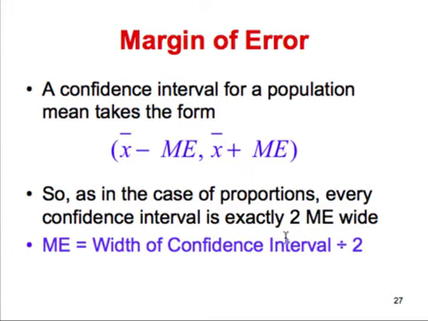So once again, we see that every confidence interval is 2 margins of error wide. So we choose to calculate the width of the interval. We could then calculate the margin of error by taking the width of the interval and dividing it by 2.